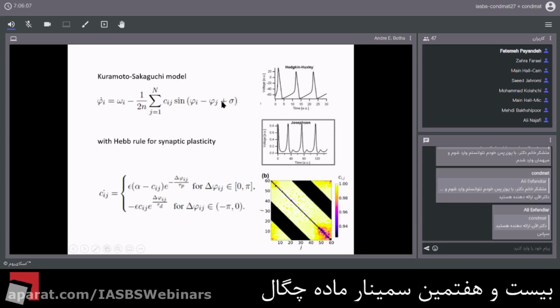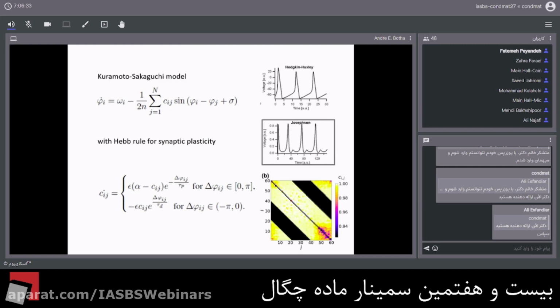But in the model that we investigated in our previous work, we make use of this Kuramoto-Sakaguchi model to model the neuron, together with the Hebb rule for synaptic plasticity.